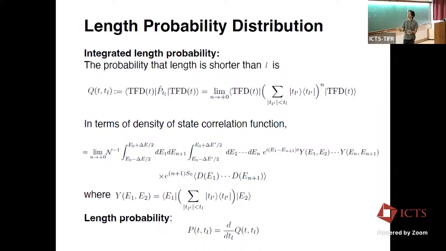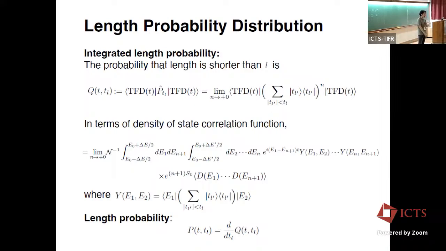This gives you the probability that your TFD state has a state whose length is smaller than L. And using the replica trick, we can express it in terms of the density of states correlation function, the n+1 point correlation function, times these Y functions, where this functional is defined by the projection operator with an energy eigenstate. So this is the definition of Y. And by just taking the derivative with respect to TL, you can get the length probability distribution.